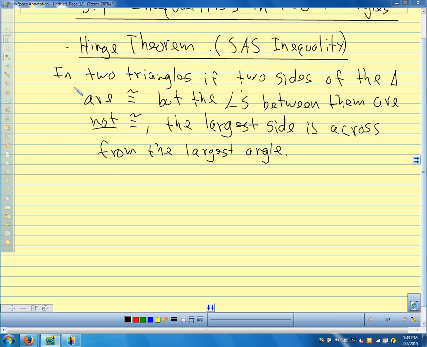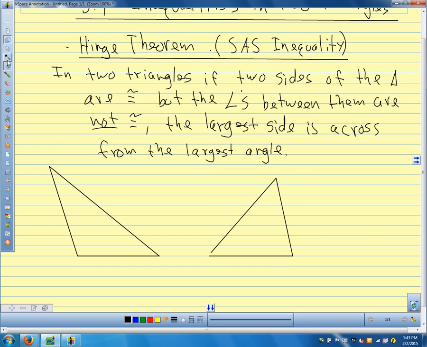So let's draw a picture, and it should make sense then why we're calling this the hinge theorem. So here's two triangles. And what we're saying here is that this side and this side are congruent, and that side are congruent.